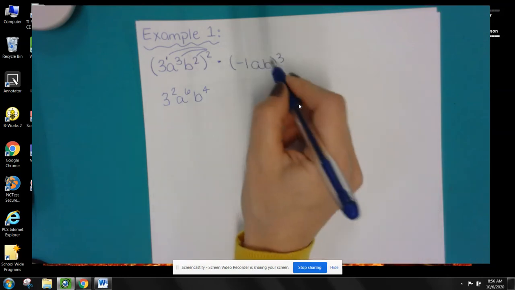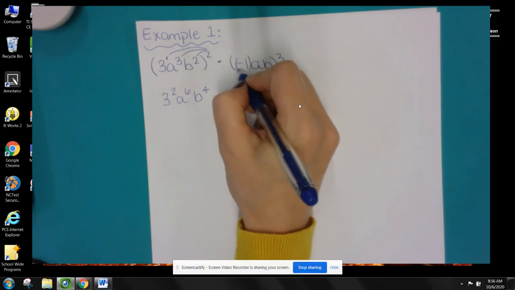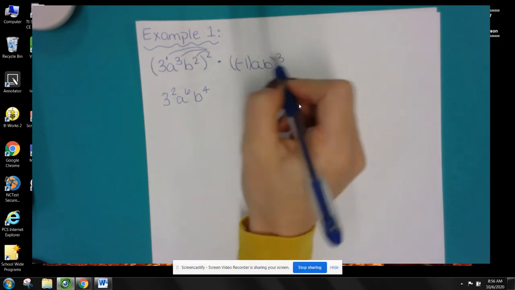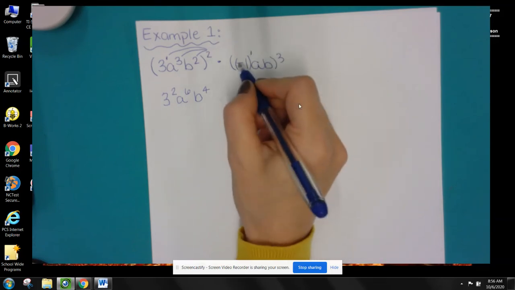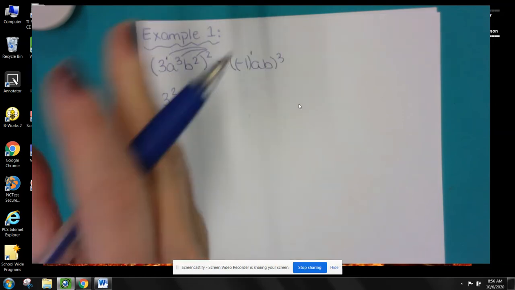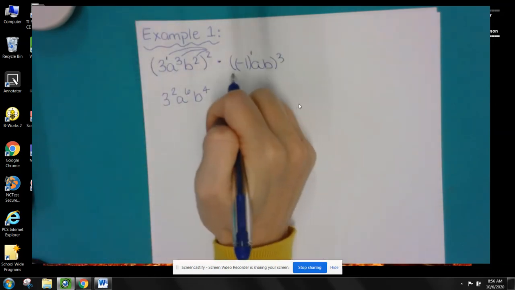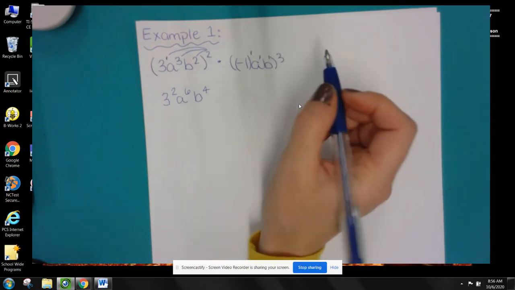Now I'm going to do the same thing over here. But I do have to be careful because anytime it's a negative number that's getting raised to a power, I have to make sure I remember the negative and the 1 are glued together, and I have to deal with that as a thing itself. So technically all of these have exponents of 1.